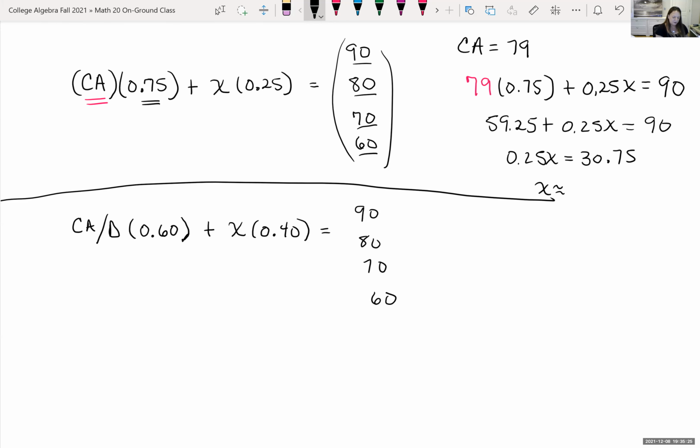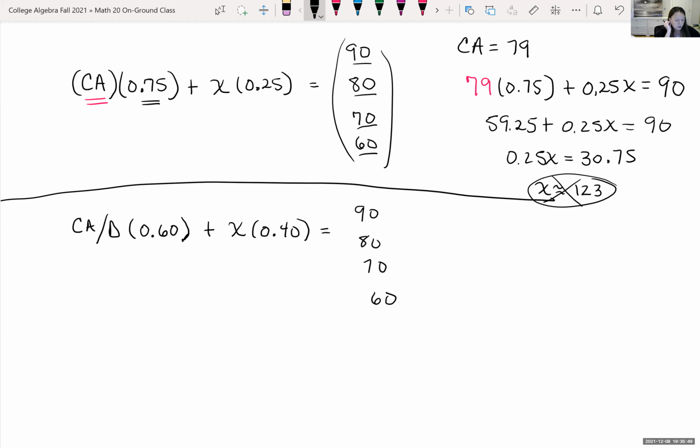So let's divide both sides by 0.25. And we get x is equal to 123%. So the student could not get an A in the class. So that's impossible, but they probably could get a B in the class.